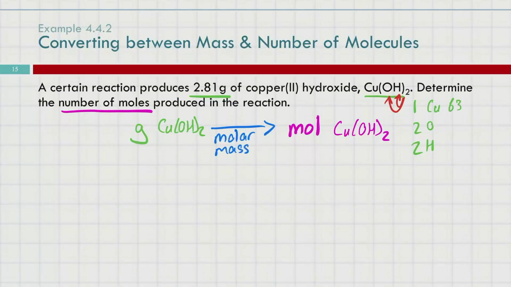Copper, 63.55 grams per mole. Oxygen, 15.999 grams per mole. Hydrogen, 1.008 grams per mole. So we multiply 1 by 63.55, add to that 2 times 15.999, plus 2 times 1.008.